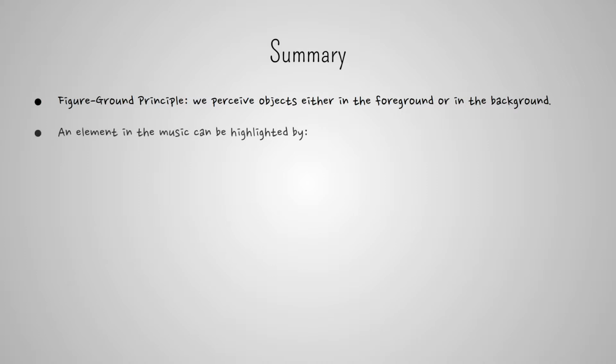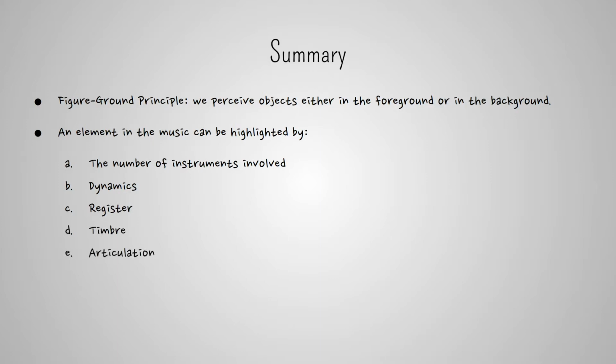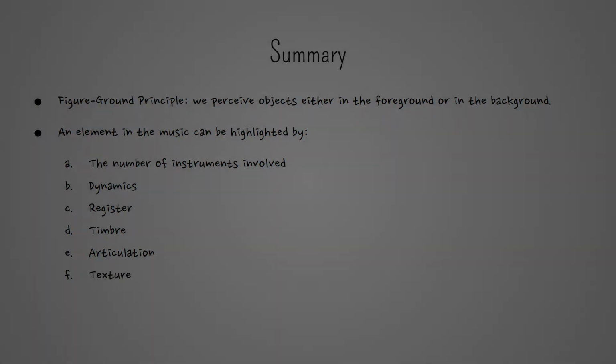An element in the music can be highlighted by the number of instruments involved, such as when a solo instrument is opposed to the rest of the orchestra; dynamics, giving the musicians who play it a higher dynamic than the rest of the orchestra; register, considering that our perception better perceives the highest and lowest pitches of a set; timbre, using a timbre that better stands out from the desired accompaniment; articulation, using different simultaneous articulations; and texture, choosing a suitable texture that doesn't tarnish the element.